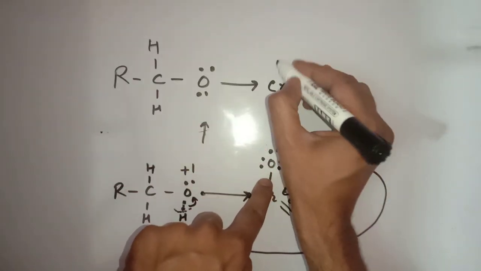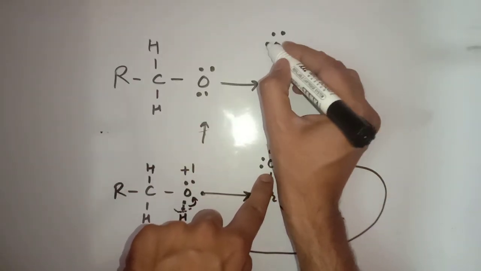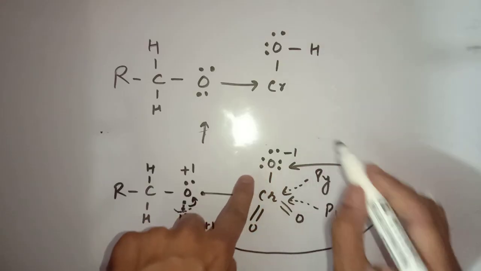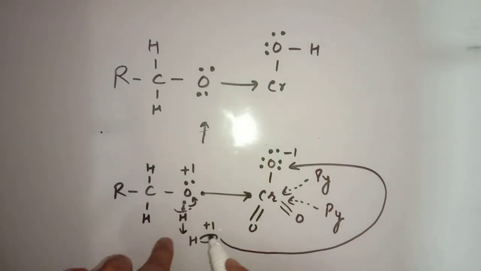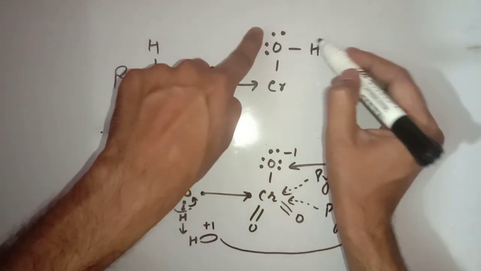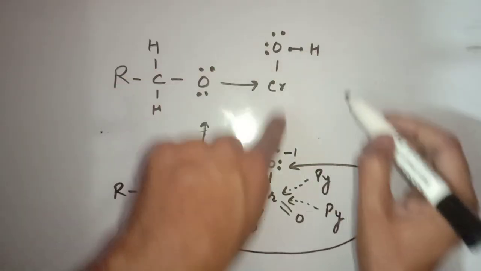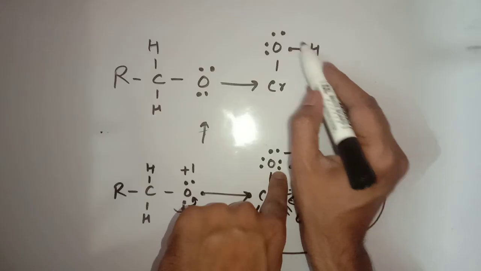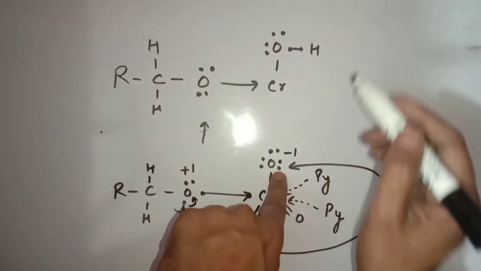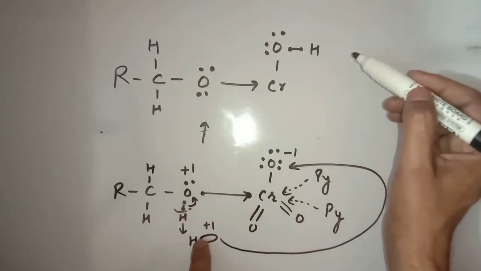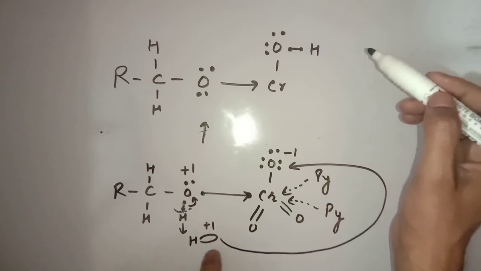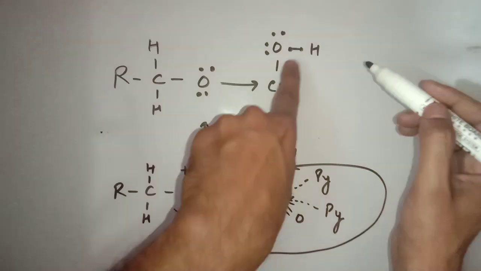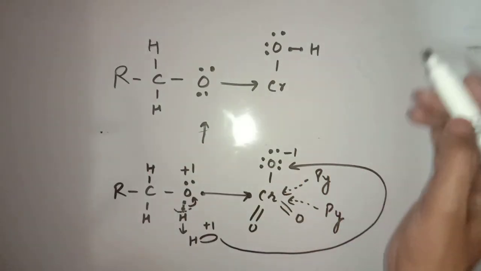Here this oxygen will make a second bond with hydrogen, due to which you can check the negative charge of this oxygen and the positive charge of this hydrogen will become neutral. Because the one extra electron that this oxygen has, it has transferred toward hydrogen, due to which its minus charge is finished, and the hydrogen, which was having a shortage of electrons, is getting that one electron, so its positive charge will finish.